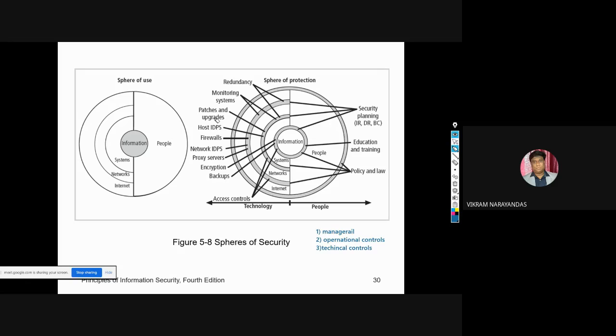Redundancy should be maintained for the information, networks, and systems to provide security or protection for your assets.